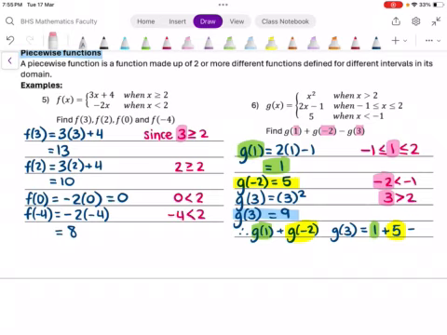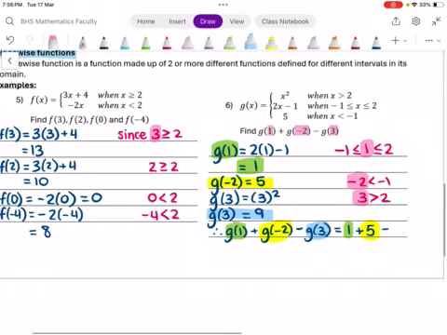Oops, I wrote that down wrong. It should have been minus our g of 3. And our g of 3 is 9. So then we just go, what's 1 plus 5 minus 9? It is minus 3.